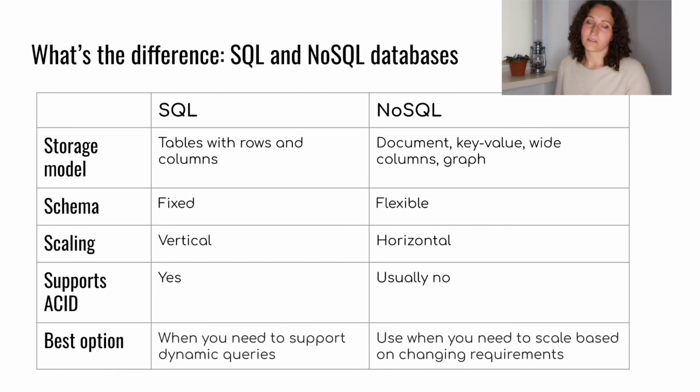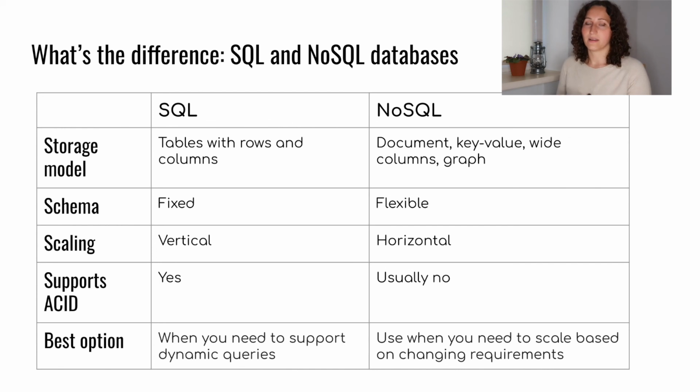The most important thing to remember is that NoSQL databases are horizontally scalable. That means you can add more servers to your database to store more information. And SQL databases are vertically scalable, so you need a larger storage to store your data. So how to select the best option when you're developing your application?